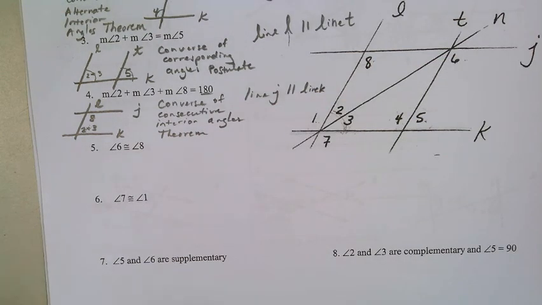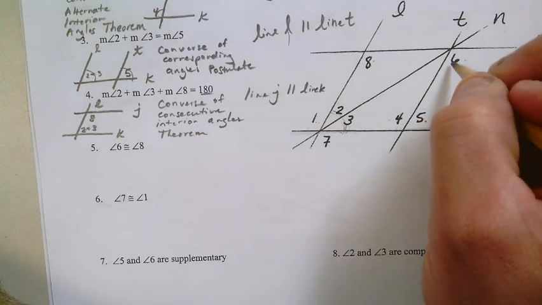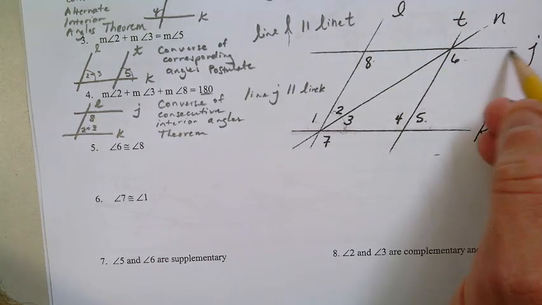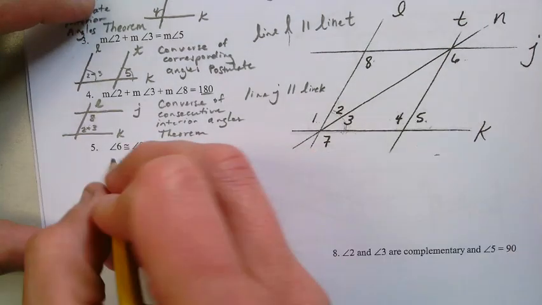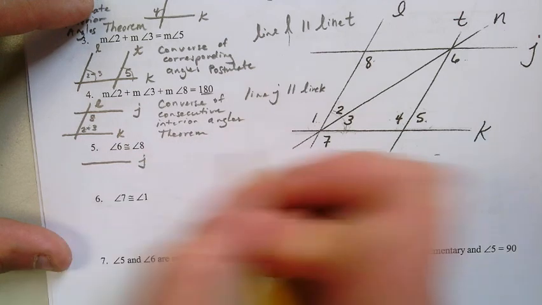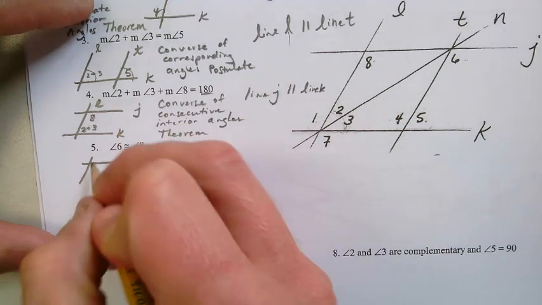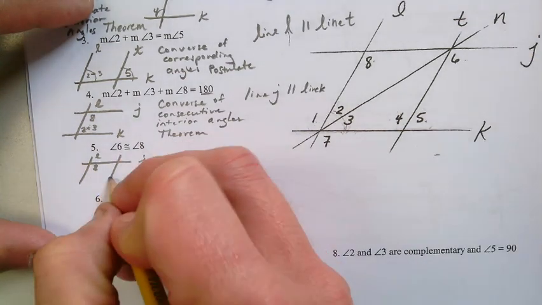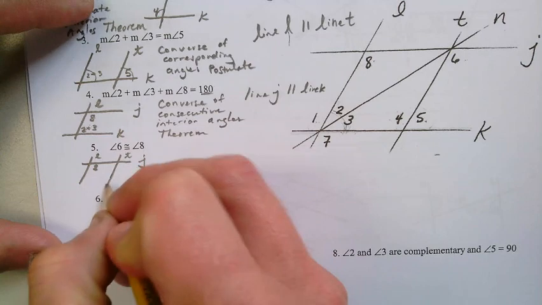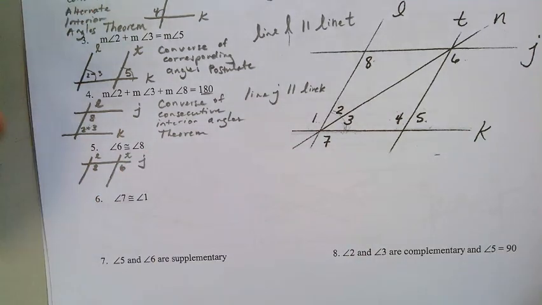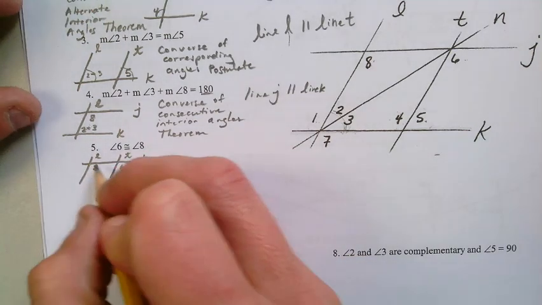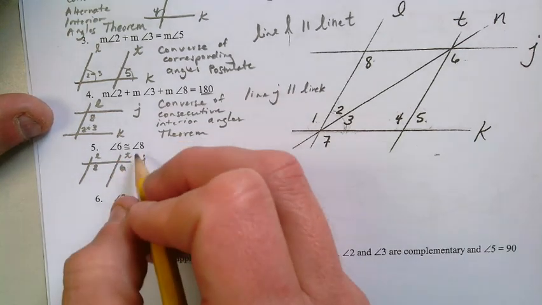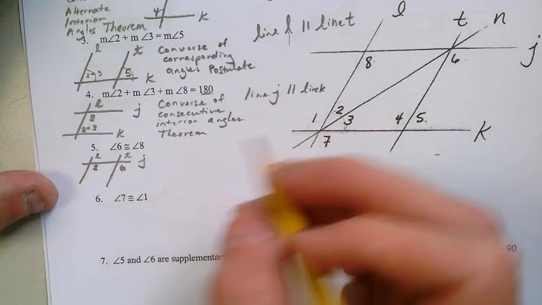If we look at 6 and 8, these are going to start to become redundant here. Angles 6 and 8 are congruent, so I'm going to go ahead and mark out that line J is the line that's shared. L is coming down from that to make up angle 8. T is coming down from that, and so that makes up angle 6. So as I look at 8 and 6, lower right-hand corner, those are corresponding angles. And we've done this one a couple times now.